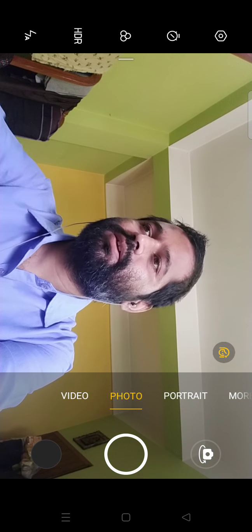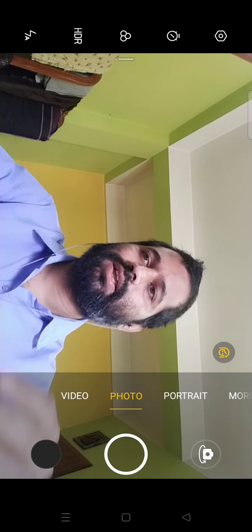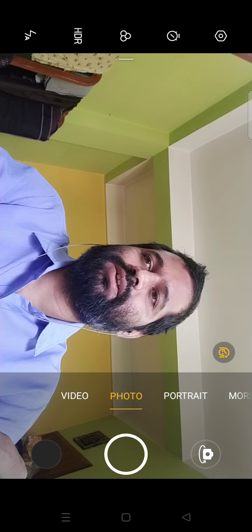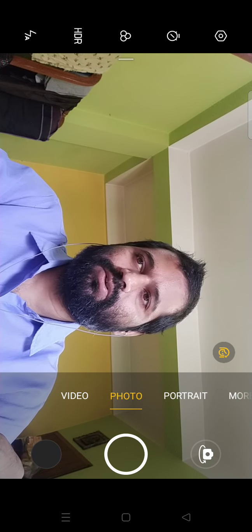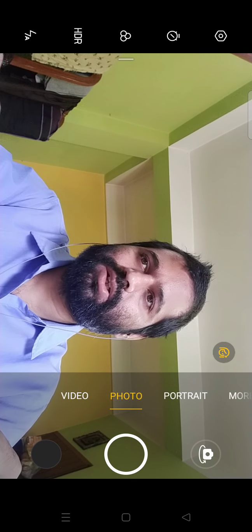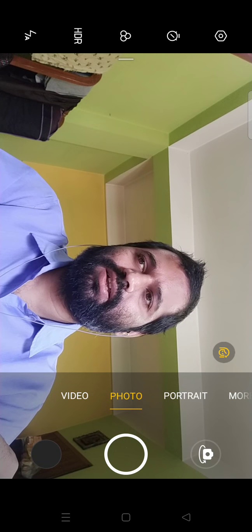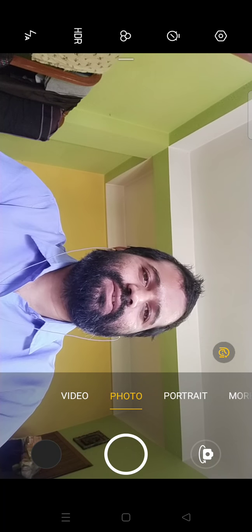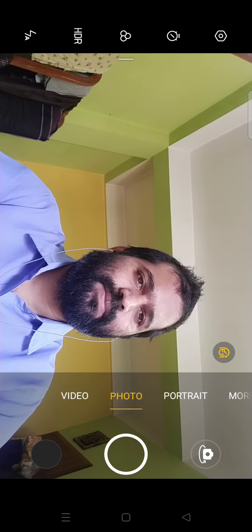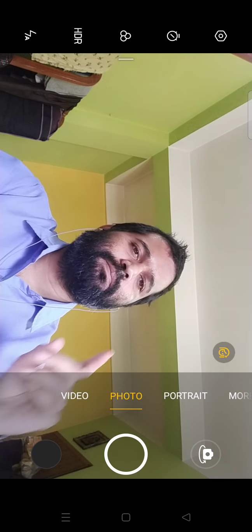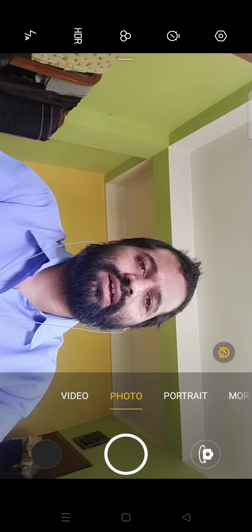Question number 6. An umbrella is made by stitching 10 triangular pieces of cloth of two different colors. Actually an umbrella is not like a triangle, okay? You can see that the bottom portion is curved, but you have to assume it like a triangle.